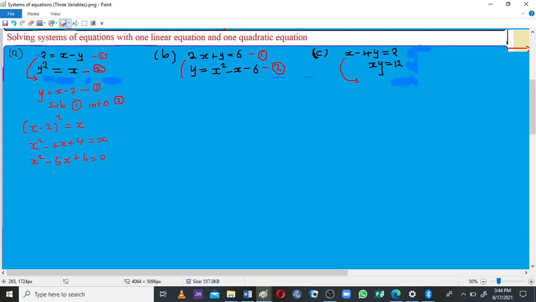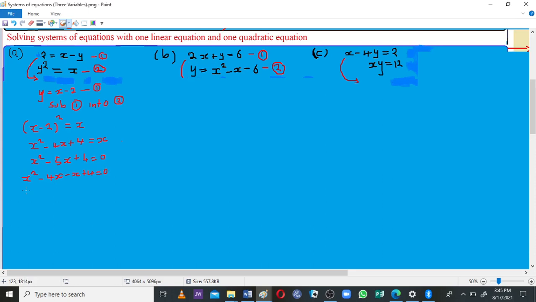You can use the method for finding the sum and the product, or let's do that together anyway. Instead of negative 5x, if you find your sum and product, you are going to have x squared minus 4x minus x plus 4 is equal to 0. So this is what you are going to get.